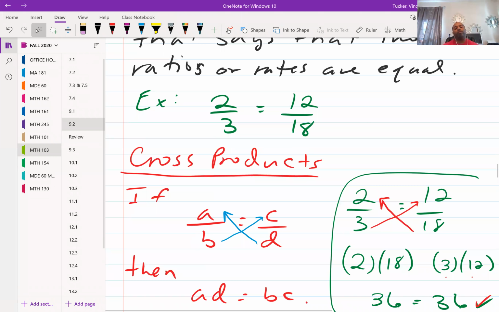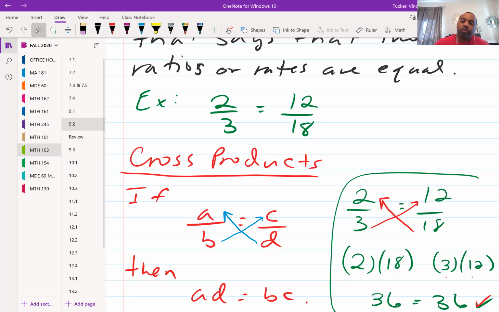So the relationship that we will be using with these proportions is cross products. A over B is equal to C over D. If that's the case, then A times D is also going to be equal to B times C. So you take your denominators up to the opposite numerator. And if it truly forms a proportion, those two numbers are supposed to be equal.